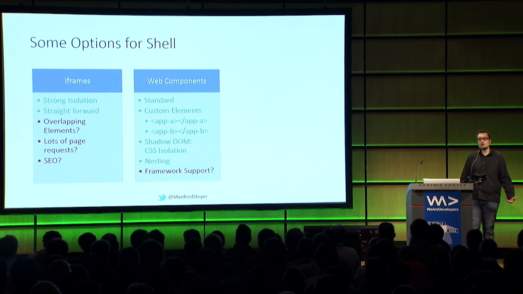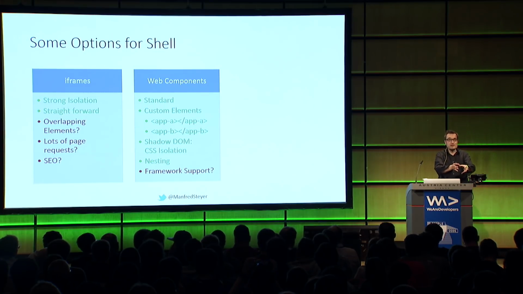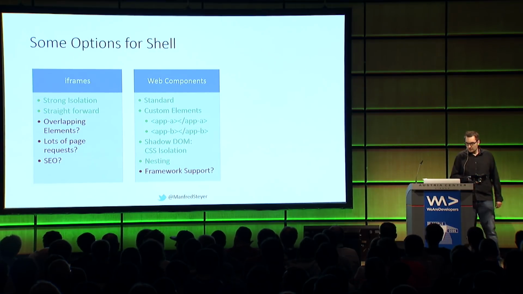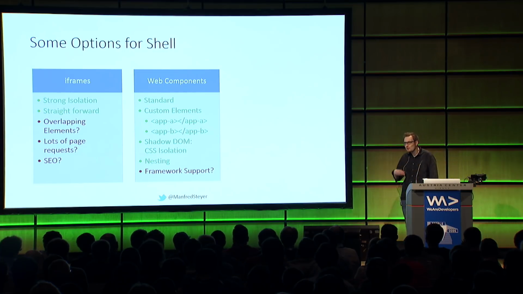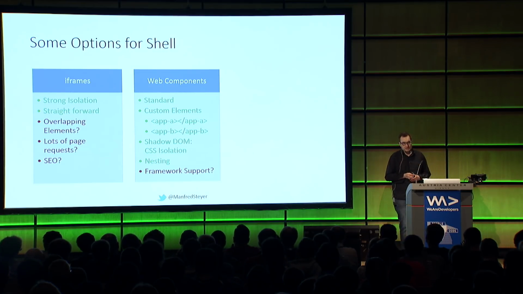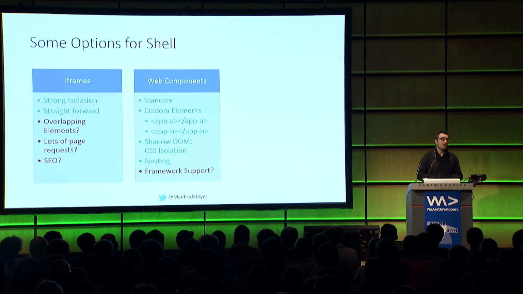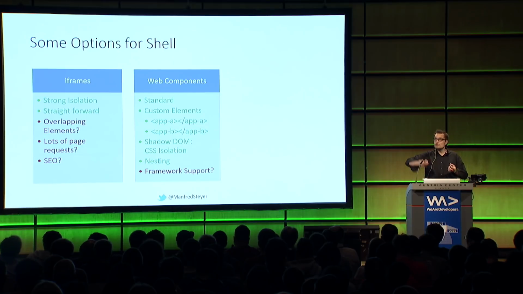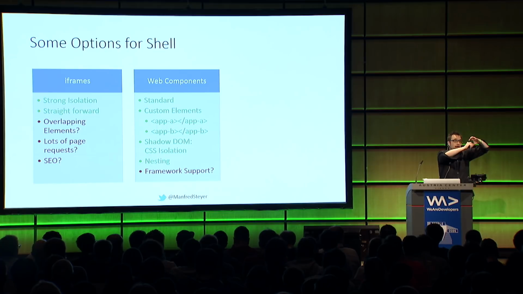There the whole application is just a component that consists of components that in turn consist of further components. And you also have the shadow DOM here. The shadow DOM gives you some kind of isolation for CSS. That means that a fishy CSS on that side cannot influence your layout on the other side within another micro app. You can even nest them. You can use one component from the first micro app within another micro app.